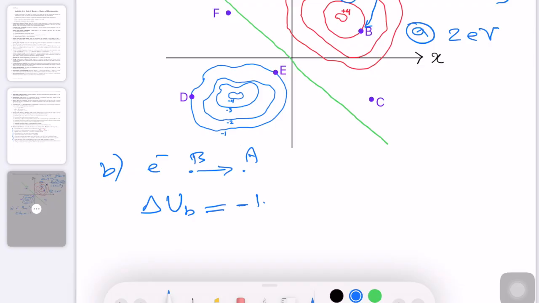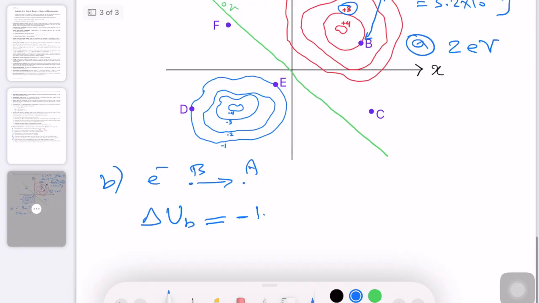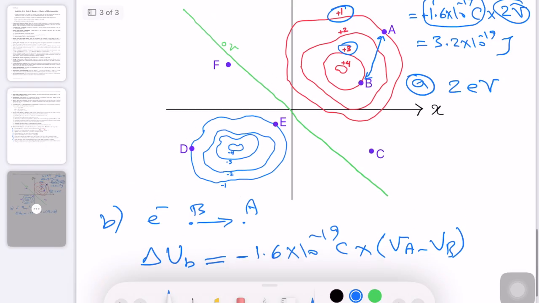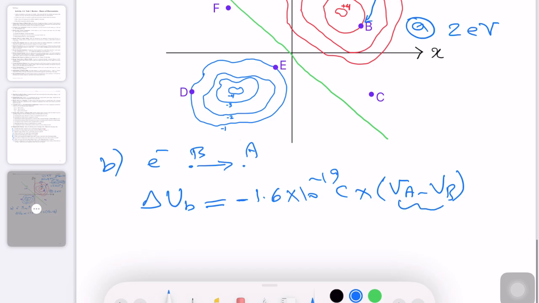If I want to use joules, I would write it like minus 1.6 times 10 to minus 19 coulomb times delta V. Now my delta V is going from B to A, so my delta V is VA minus VB, which is a negative number now, so this is minus 2 volts.